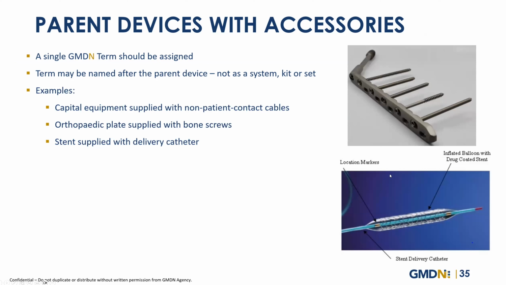In such cases where the primary component is a lot more important for that use than the accessories, the term is more likely to have the name of the parent device rather than a system, kit, or set term.